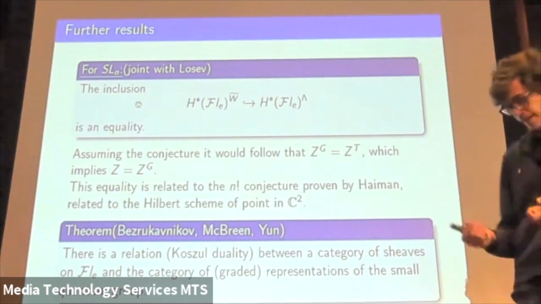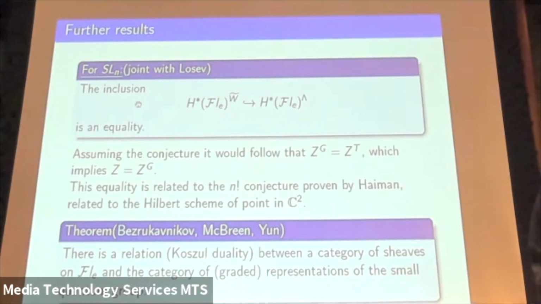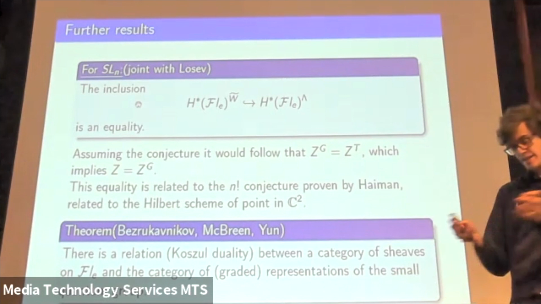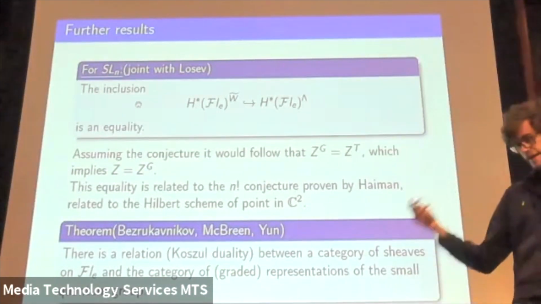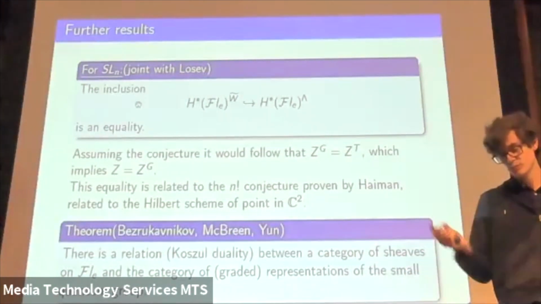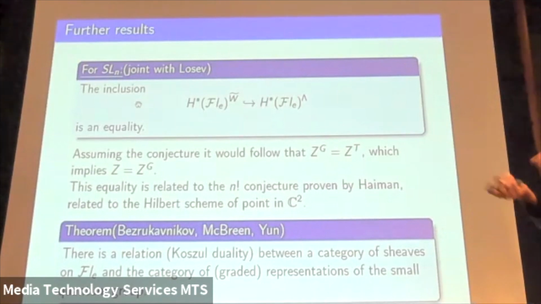In the same way as this Frobenius kernel is some sort of infinitesimal neighborhood of a full group, this small quantum group is some infinitesimal neighborhood, in some sense, of this quantum group, by analogy. Thanks.